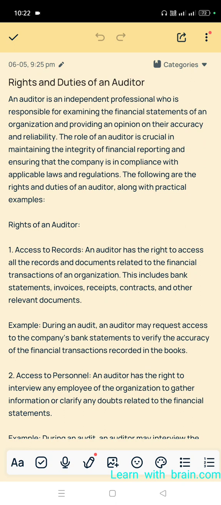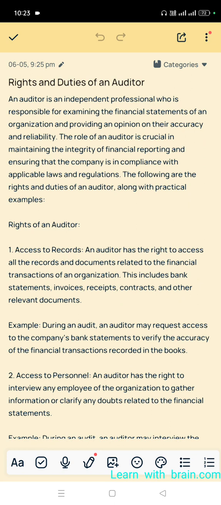In this paragraph, what is he explaining? The role of an auditor is a crucial part. About what? Maintaining the integrity of financial reporting and ensuring that the company is in compliance with applicable laws and regulations.